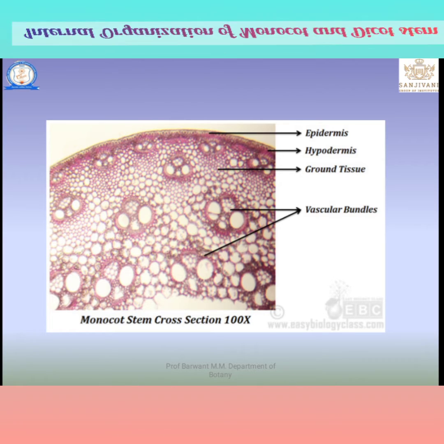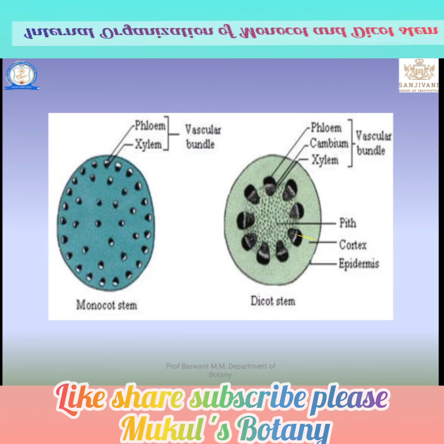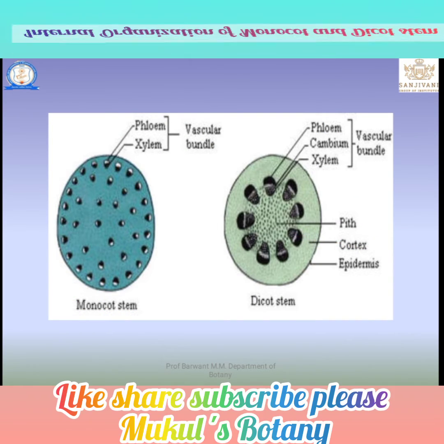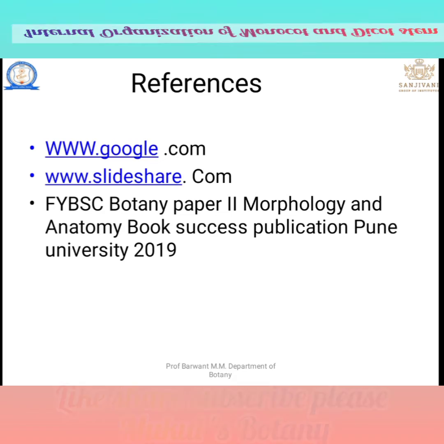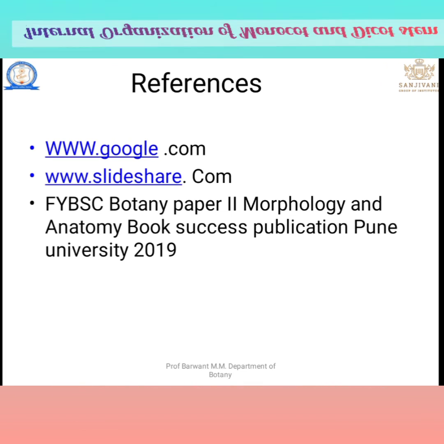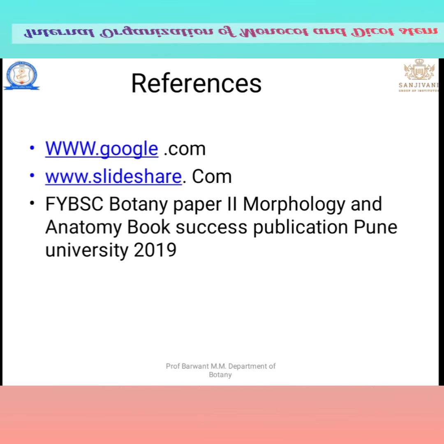When we take a section practically, we can see such vascular bundles in a microscope. Monocot stem and dicot stem vascular bundles are in circular section. Okay, this is today's lecture about the monocot and dicot stem internal organization.